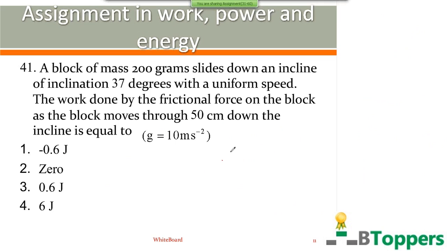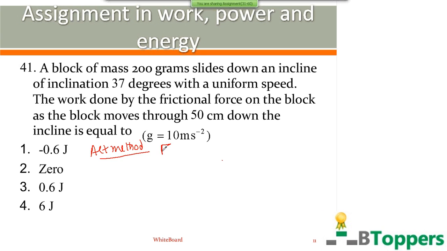So for question number 41, the first option is the answer. You can also solve this problem by the dynamics method. That means you can calculate the kinetic friction on the block. I am talking about the alternate method for the same problem.